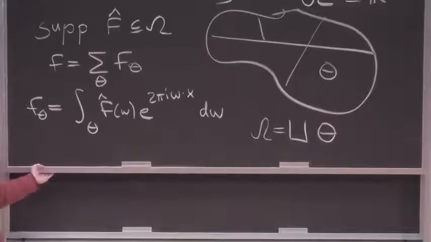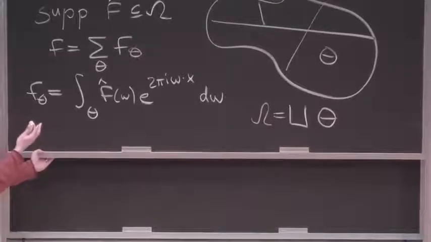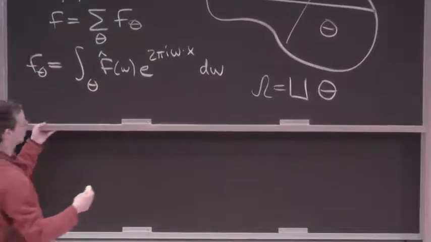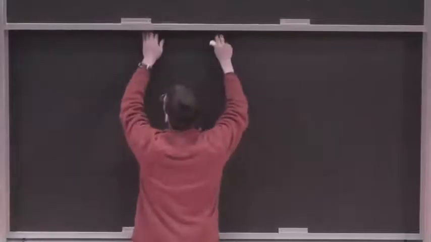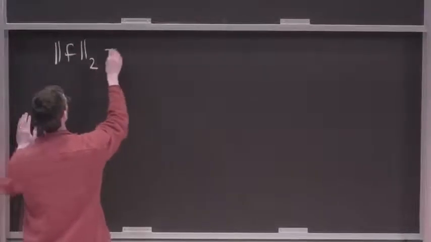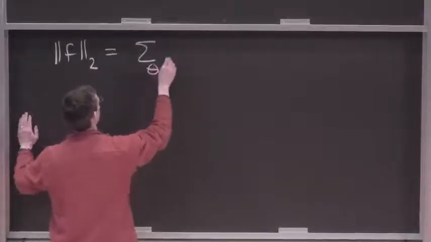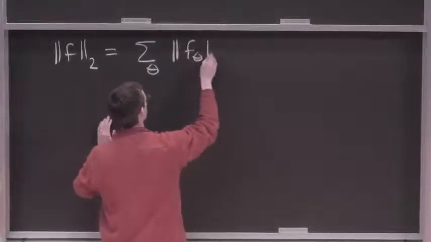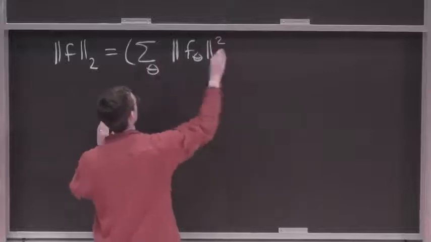We all know that these different pieces are orthogonal to each other because their Fourier supports are disjoint from each other. So we all know that the L2 norm of f is the sum over theta of the L2 norm of f theta squared, to the 1/2.